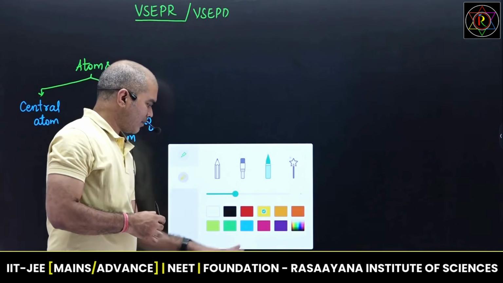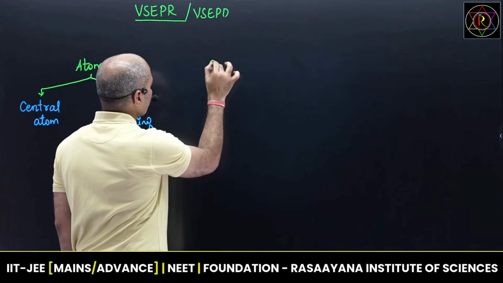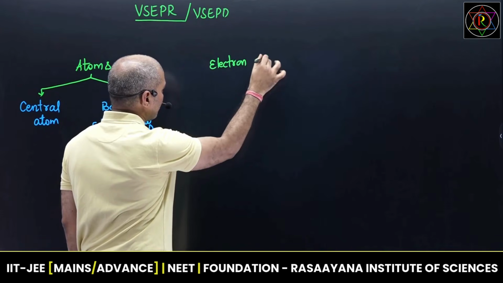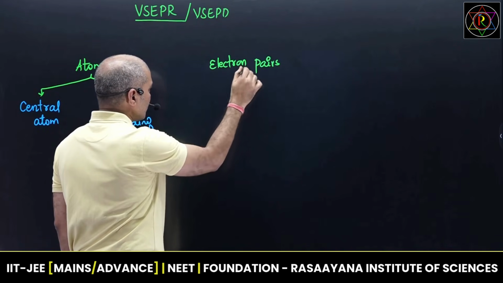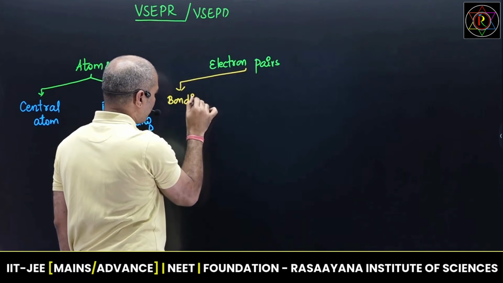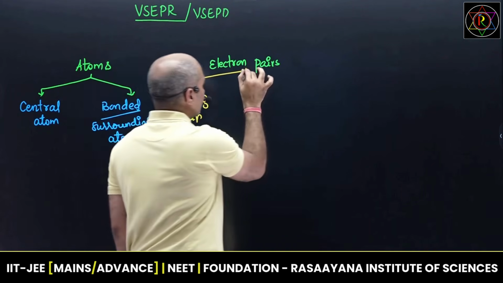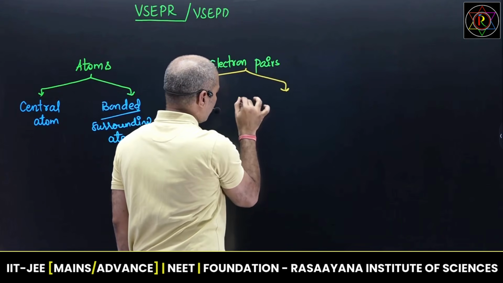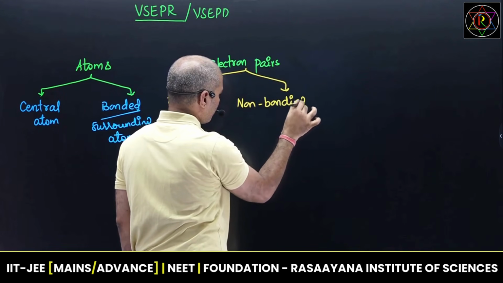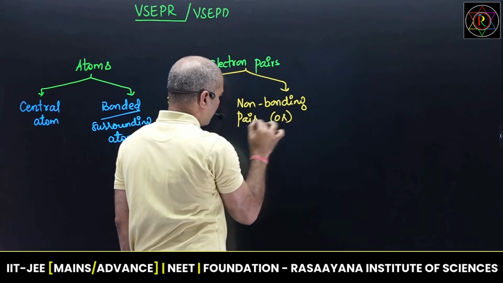Now from the basics we are aware that there are two different types of electron pairs in a given compound. What are these pairs? One we call a bonding pair of electrons, and the other we call a non-bonding pair of electrons, or lone pairs.